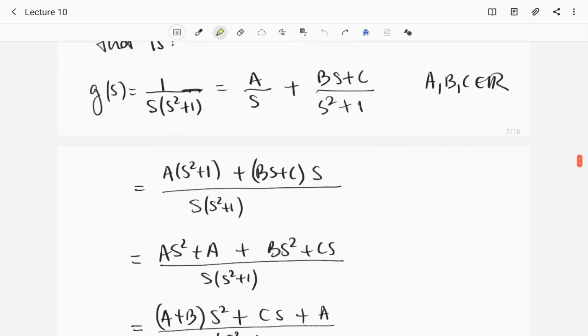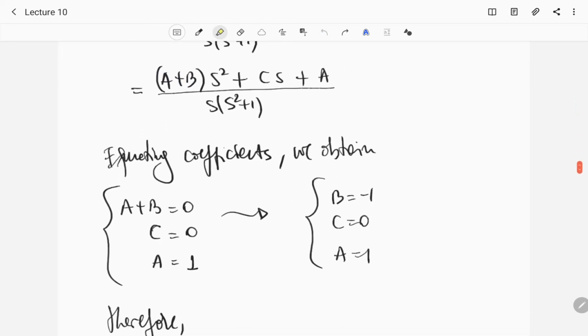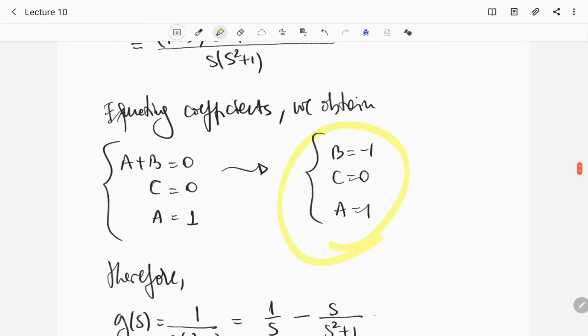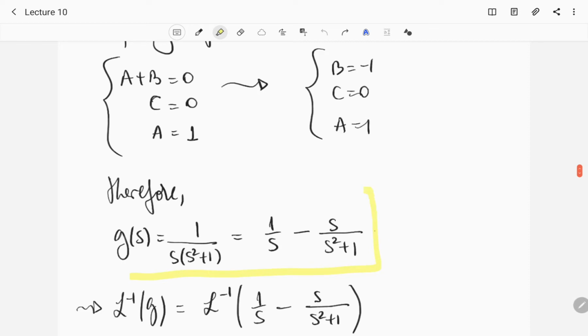So here, a plus b should be 0 because there is no s squared. c also should be 0 because there is no s here. And then a should be 1. So that's the system that we get, which is written here. Solving the system, we get these answers: a equal to 1, b equal to -1, and c equal to 0, which give us this other expression of g.